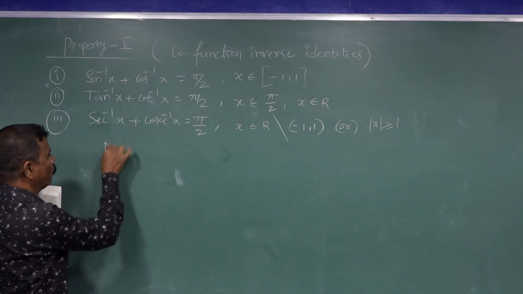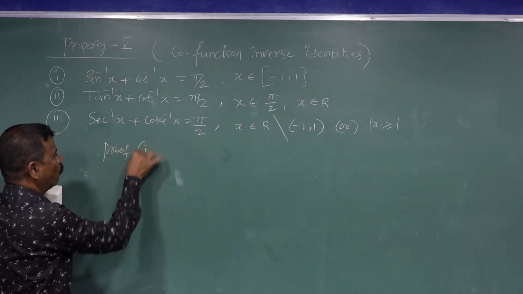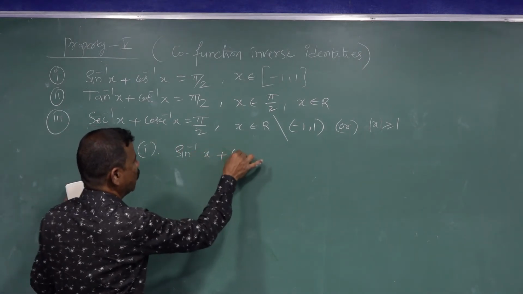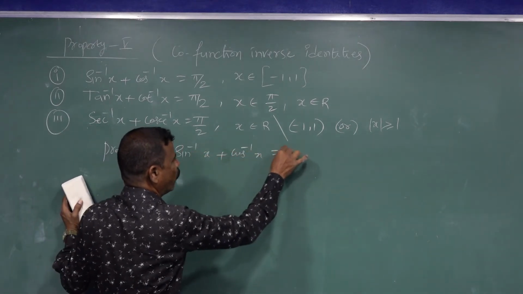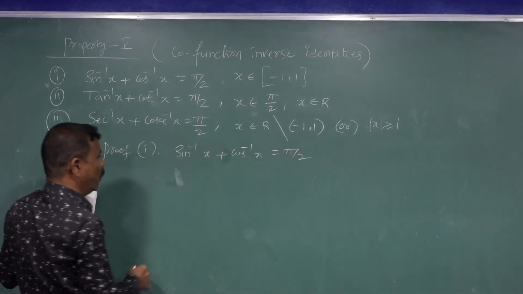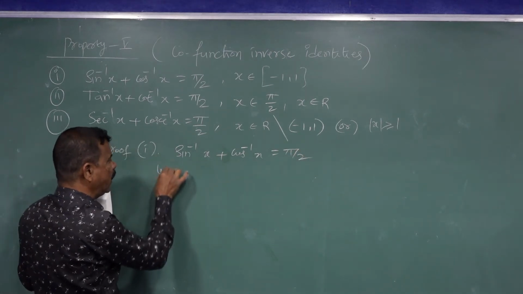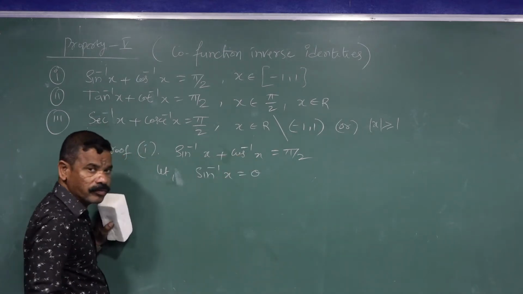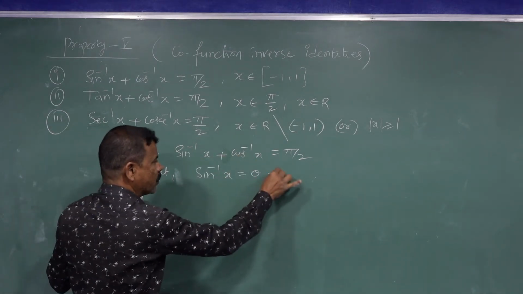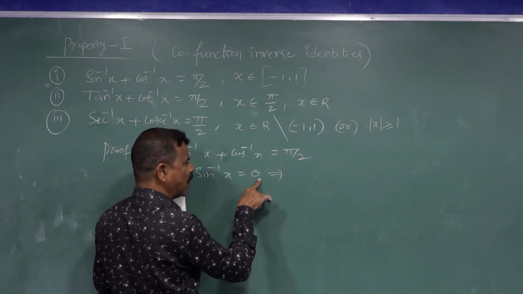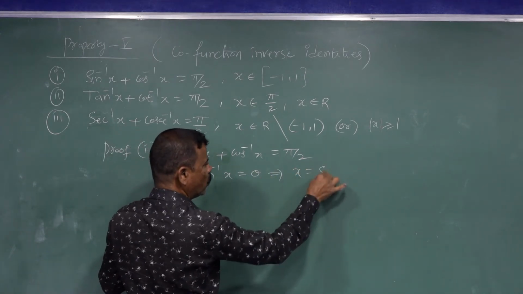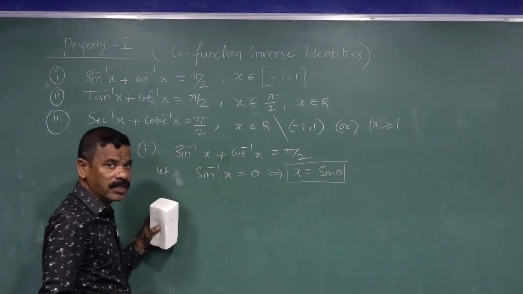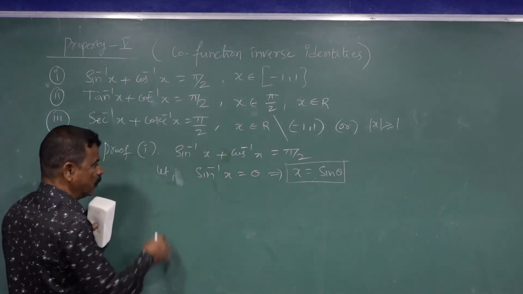How? Proof of 1: sin inverse x plus cos inverse x is equal to π by 2. Let sin inverse x be equal to theta. This implies sin theta is equal to x.